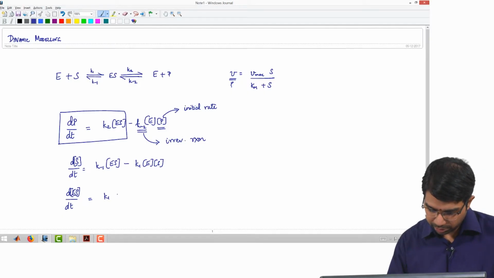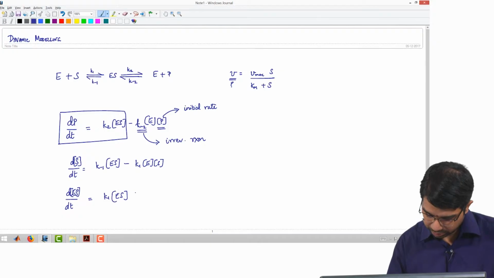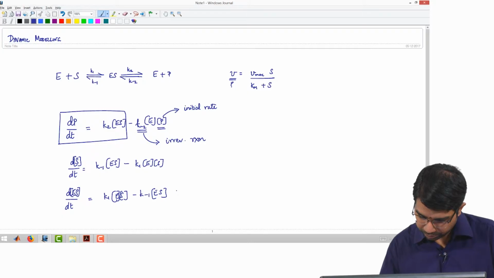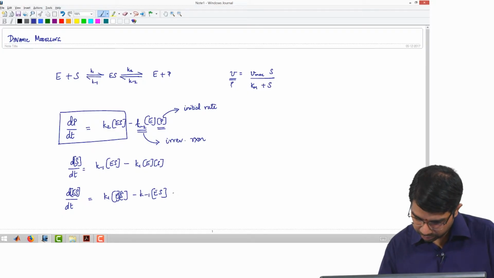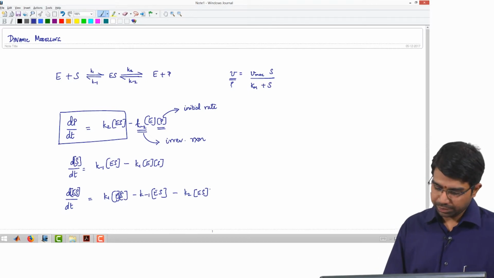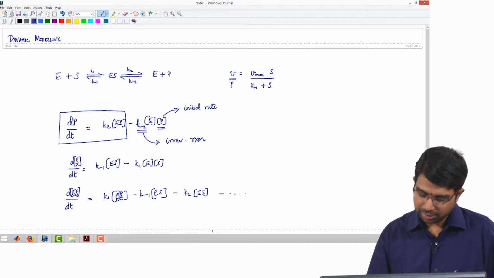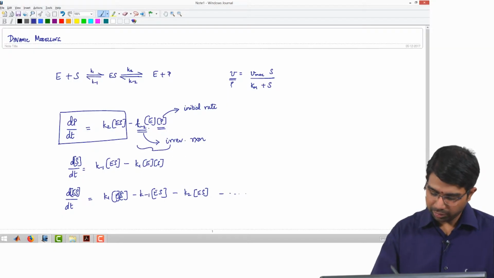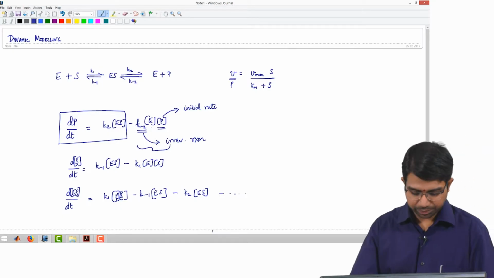It is going to be K1 into E S minus K minus 1 into ES minus K2 into ES. Actually minus this term as well, but we have already chosen to ignore that term.